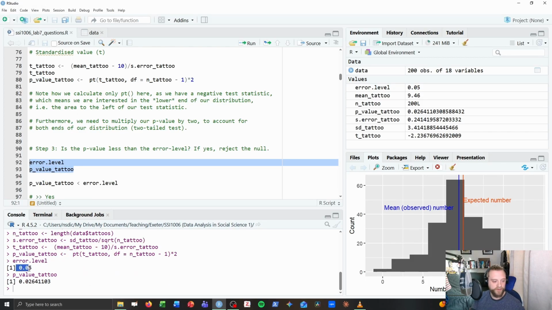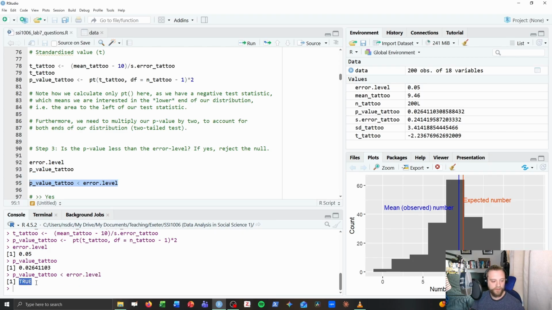And the final thing is we just need to compare those two values. So if our acceptable error level is 5%, this figure is lower than 5%. As we can see, this says true here. Then we conclude that this is a statistically significant difference. So even though we're only about half a tattoo off with the mean, we can conclude that this sample probably comes from a different population than we drew this population mean of 10 from as an expected number.